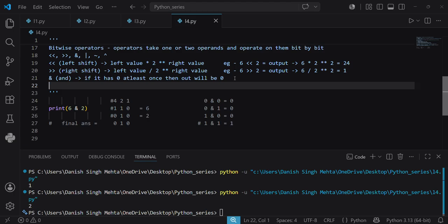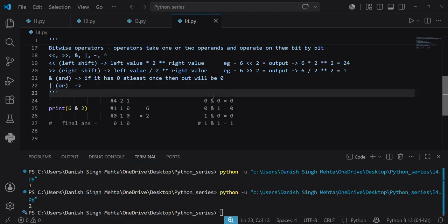Now we come to the OR operator. It also works like AND.